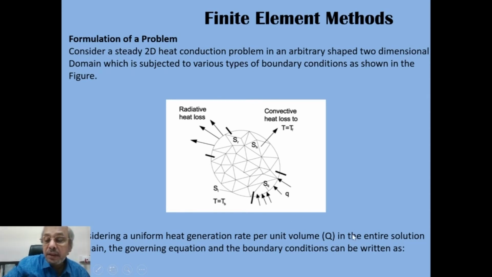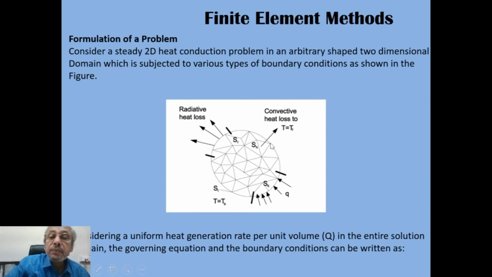So it has a uniform heat generation rate, and different parts of its boundary have different conditions. On a part of its boundary, for example this part, temperature is specified, a Dirichlet condition, T equal to TB. Maybe on another part, the heat flux is specified, on part Sq of the boundary. So basically dT/dn is specified.